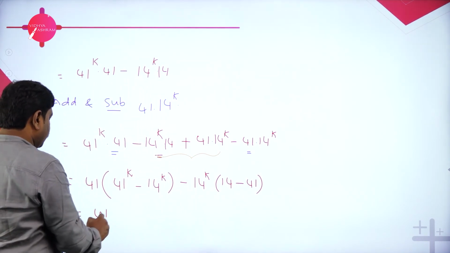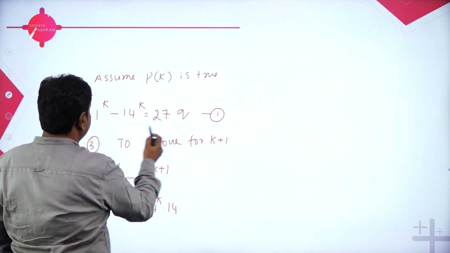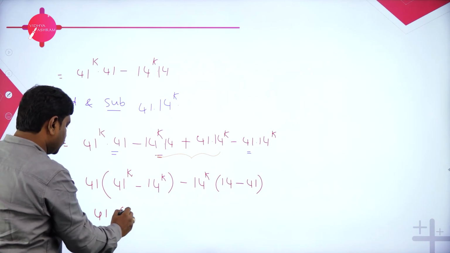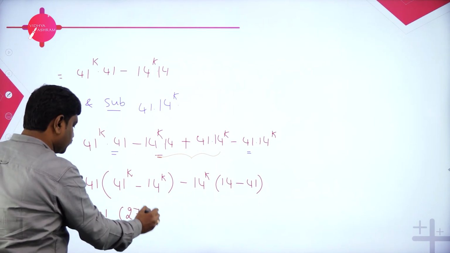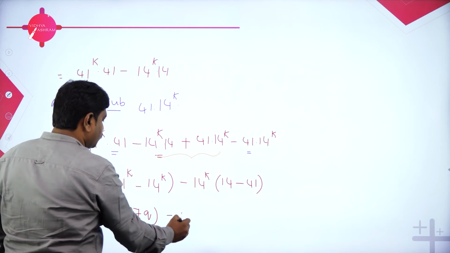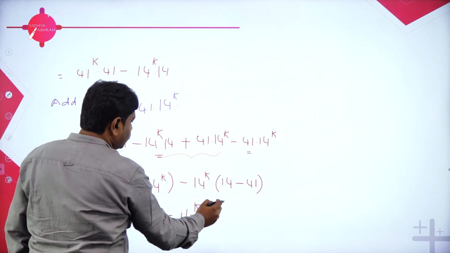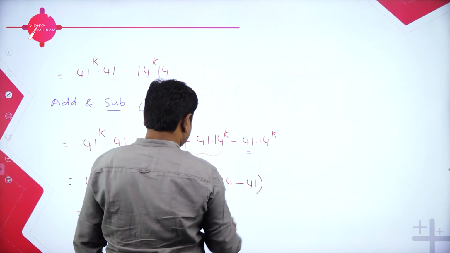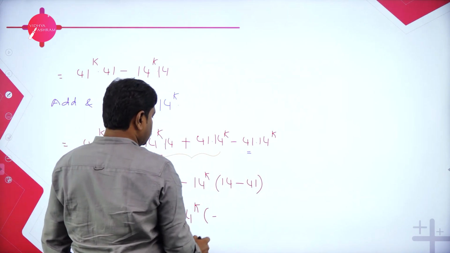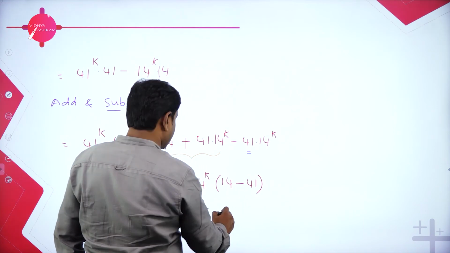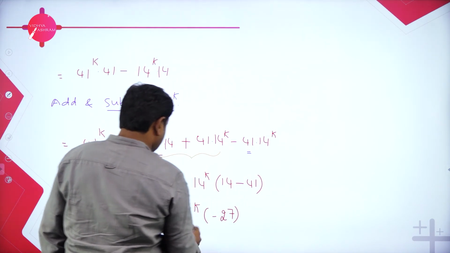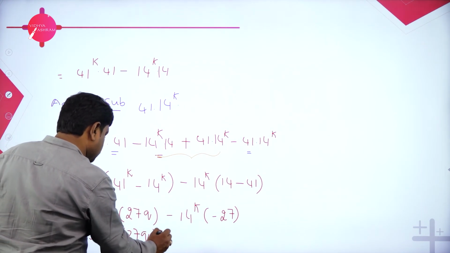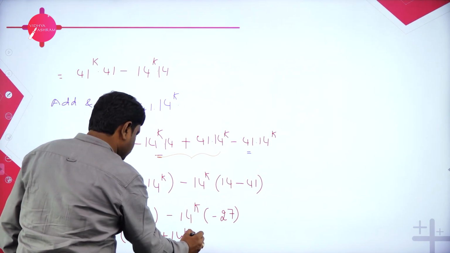41 times, if you refer to equation 1, equation 1 says 41 power k minus 14 power k is 27q. So this can be written as 27 times 27q. This whole thing from equation 1, minus 14 power k, 14 minus 41. Subtracting these two, you will get negative 27, so it is 41 times 27q plus 14 power k times 27.